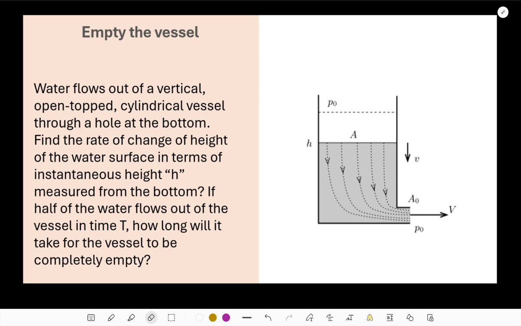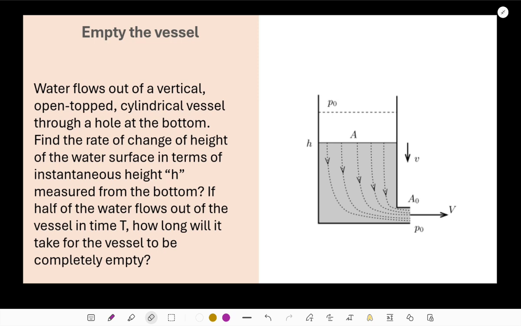Measured from the bottom. I guess h is this height, and if half of the water flows out of the vessel in time t, how long will it take for the vessel to be completely empty? That's a good question. It has been frequently asked to the students.